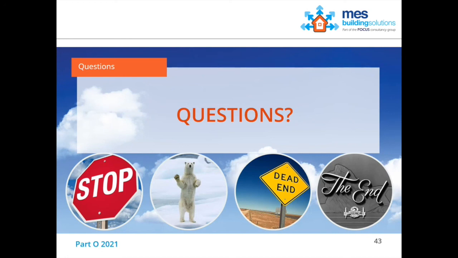Someone's put in the chat, do trickle vents have any relevance here? So in the simplified approach, no, their impact is not considered as part of the simplified approach. If you were doing the DSM approach, you can model the effect of trickle vents. You effectively would build a ventilation slot in the building above any windows that had a trickle vent of the correct size.